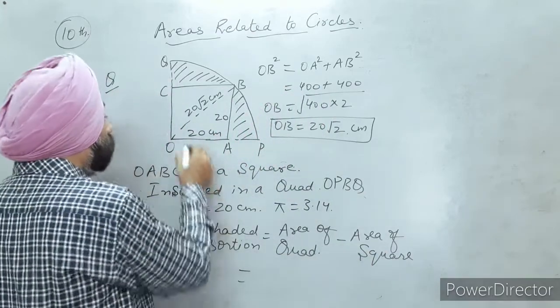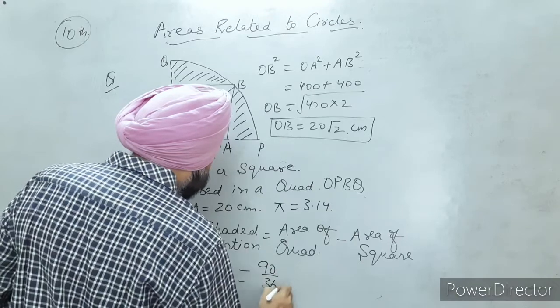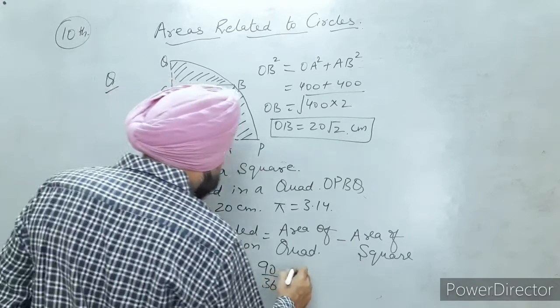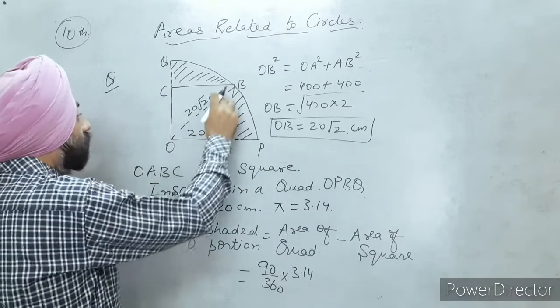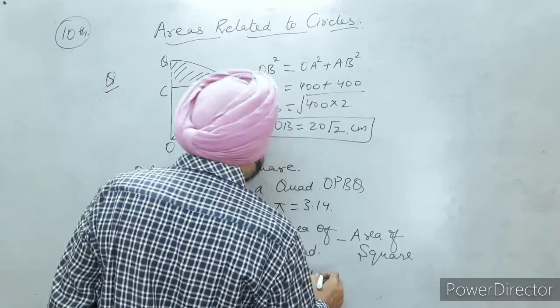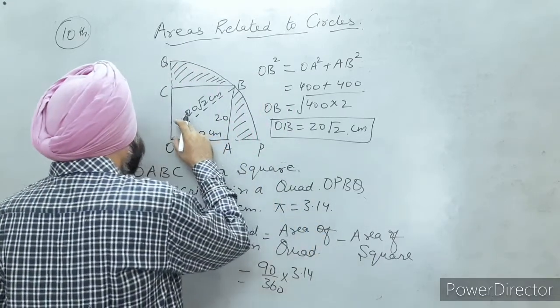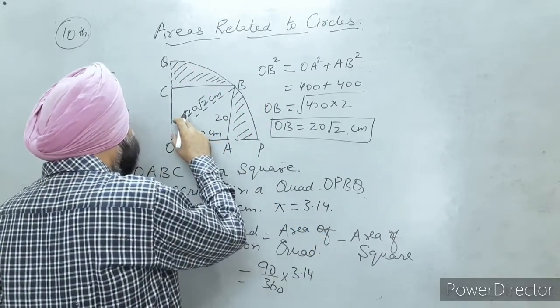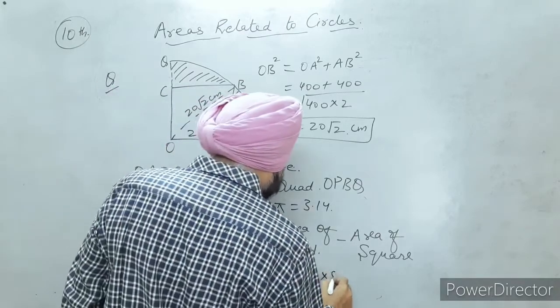Now area of the quadrant, angle is 90 degree, 90 upon 360 into pi r square. Pi is given as 3.14. Radius is 20 under root 2, square. That comes out to be 800, since 20 squared is 400 and under root 2 squared is 2.